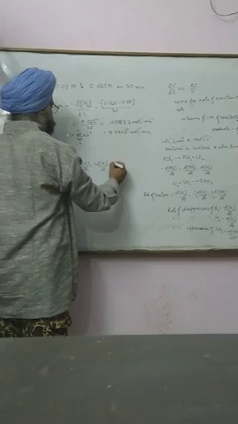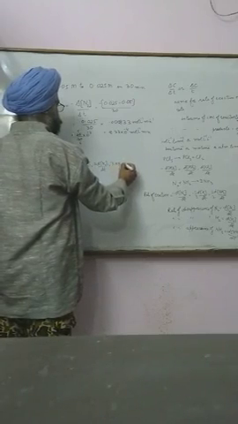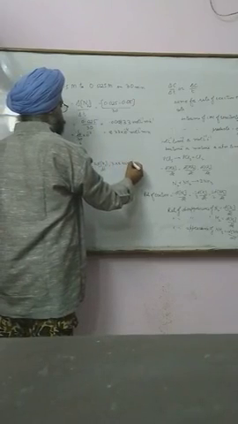That is 3 into 8.33 into 10 to the minus 3.